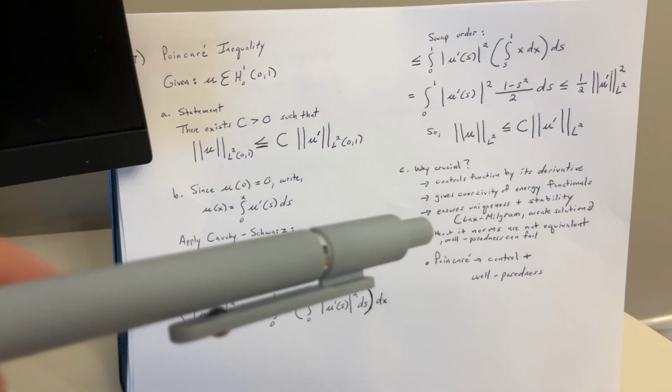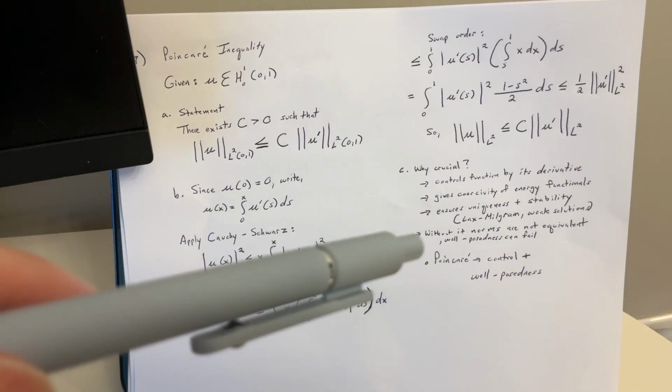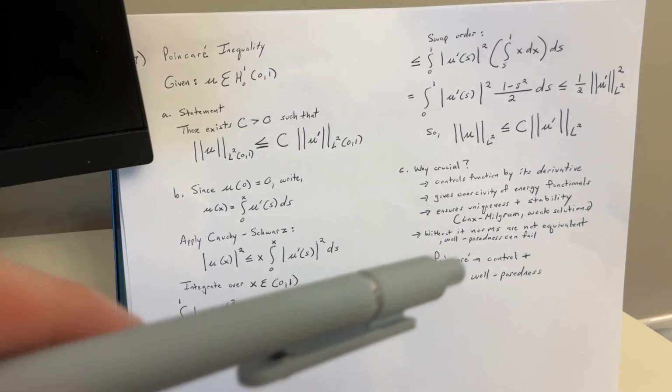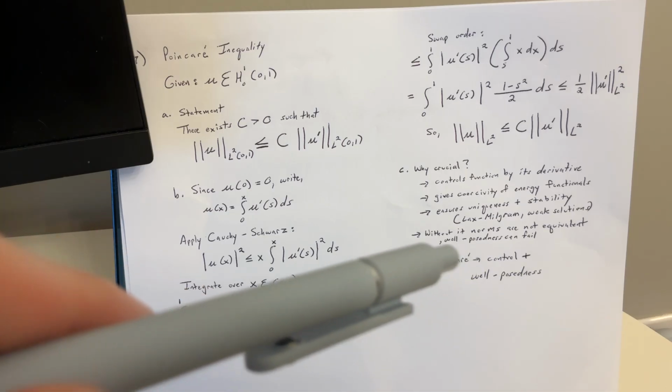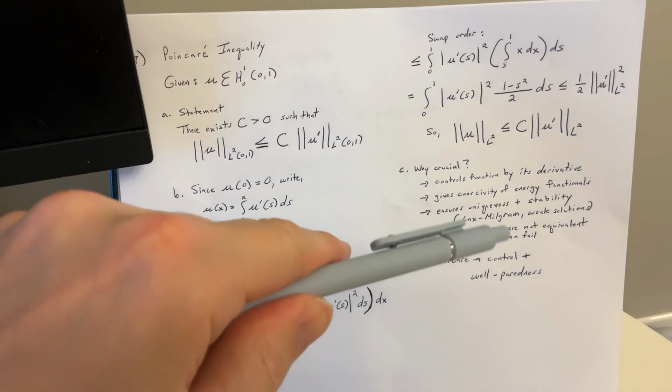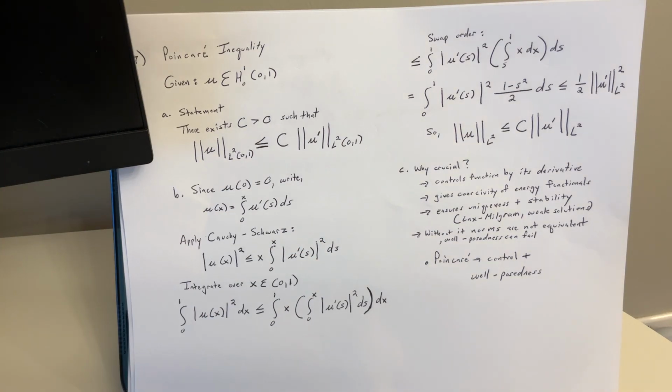And why is it also crucial? Because if we didn't have it, norms are not equivalent, and we wouldn't be able to have that well-posedness. So well-posedness could fail. So the Poincare inequality basically leads to the control plus well-posedness for this inequality.